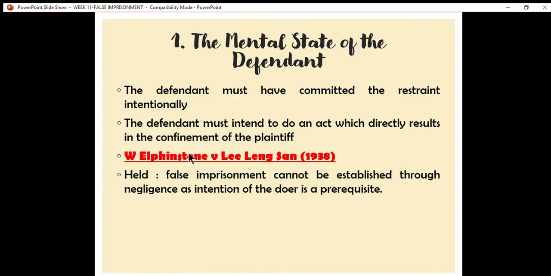You may refer to the case of Wilkinson against Downton. The court held that forced imprisonment cannot be established through negligence, as the intention of the doer is a prerequisite. So, under the law of forced imprisonment, you must prove that the defendant had the intention to do an act of forced imprisonment.